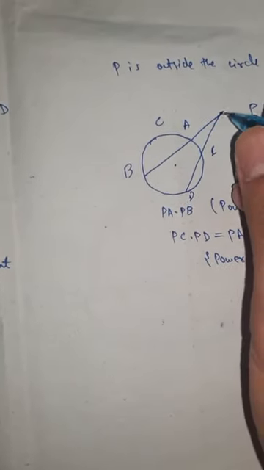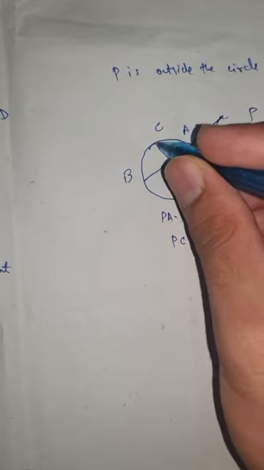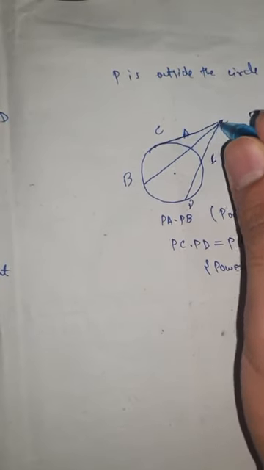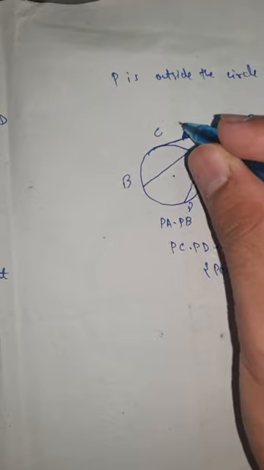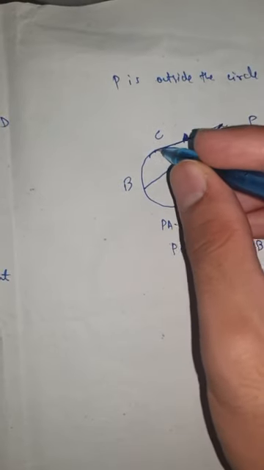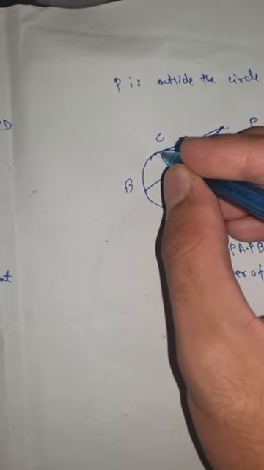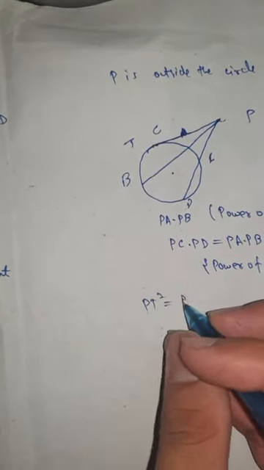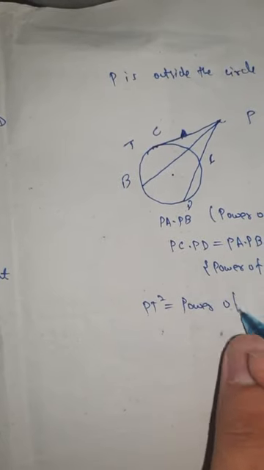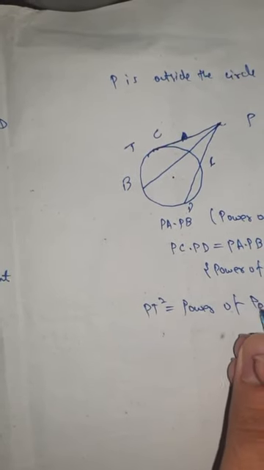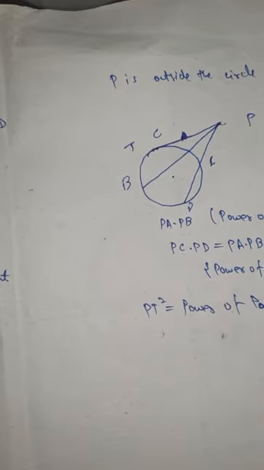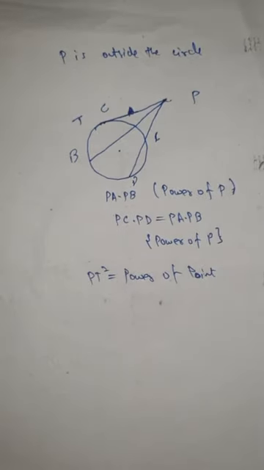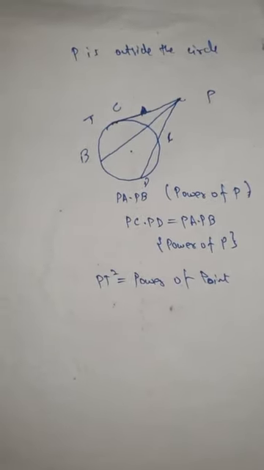Suppose we draw a tangent line from point P which touches the circle at T. Then PT squared is also the power of P. This is the special case of power where P is outside the circle.